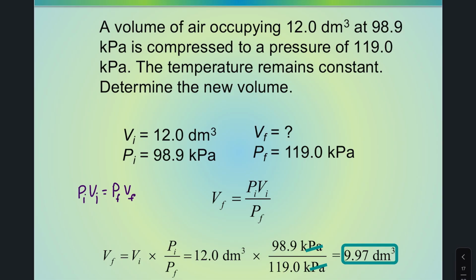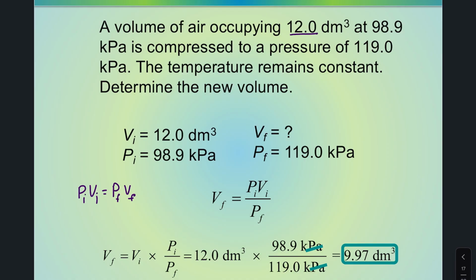So let's gather all the information that we know first. VI is going to be your initial volume, which is 12.0 decimeters cubed. You might notice that we don't necessarily need to match up all the units right away, because the units are going to cancel out for the most part.